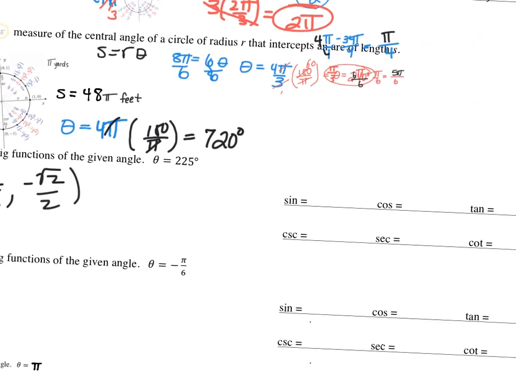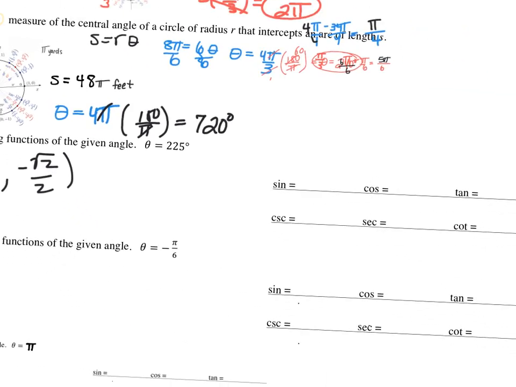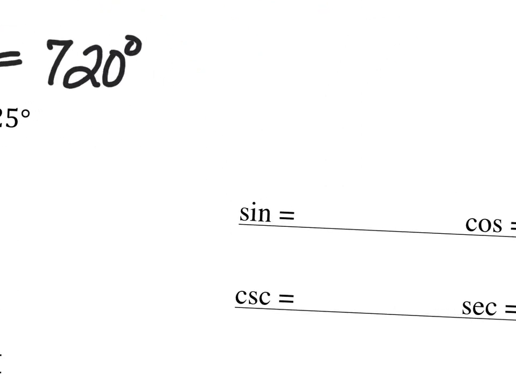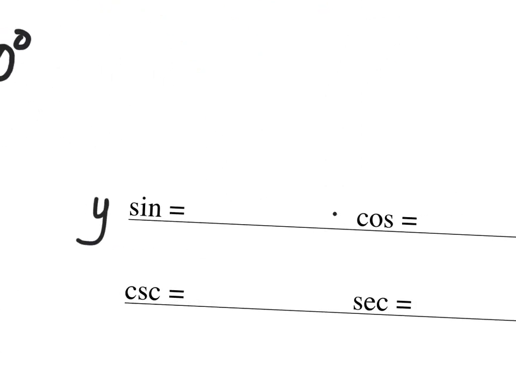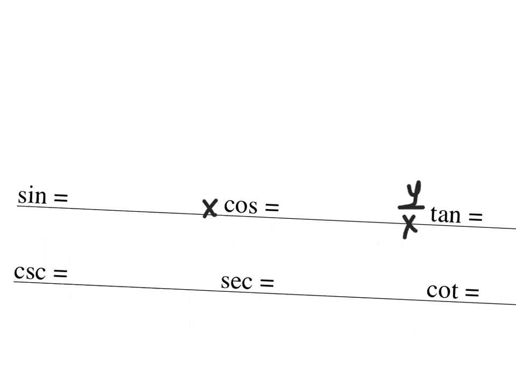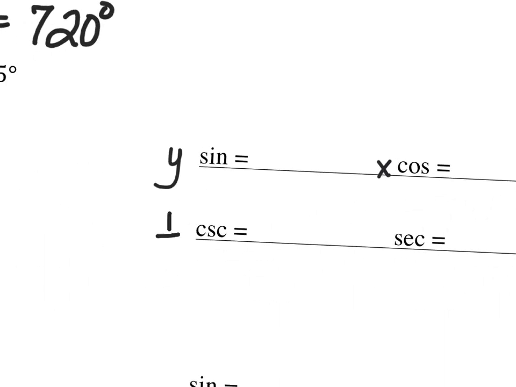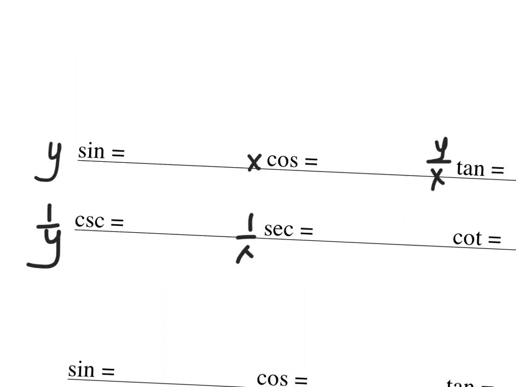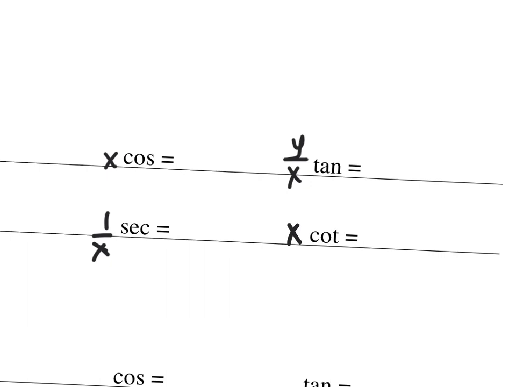So if I'm going to give you all 6 trig functions so you know exactly what I'm looking for. Sine is what letter? Y. Cosine is? X. Tangent is? Y over x. Good. Cosecant is 1 over y. Our secant is 1 over x. And our cotangent is x over y.